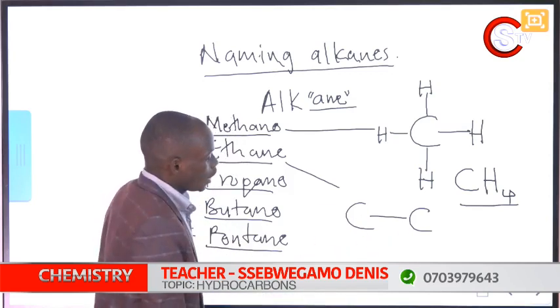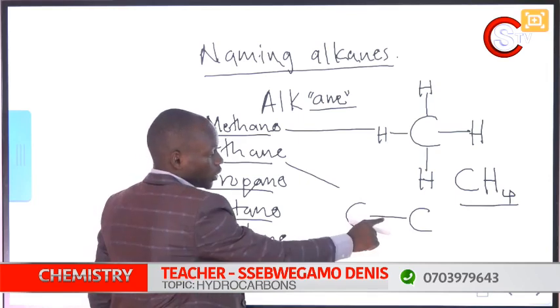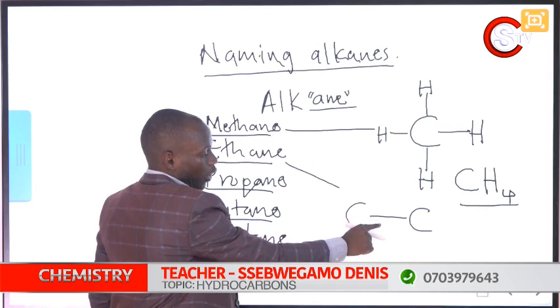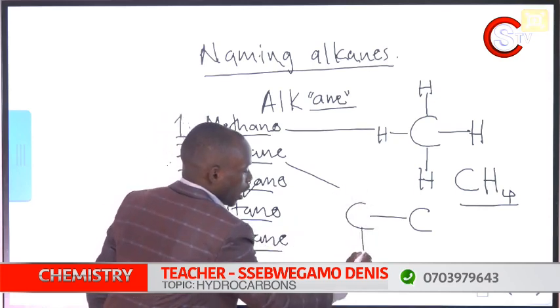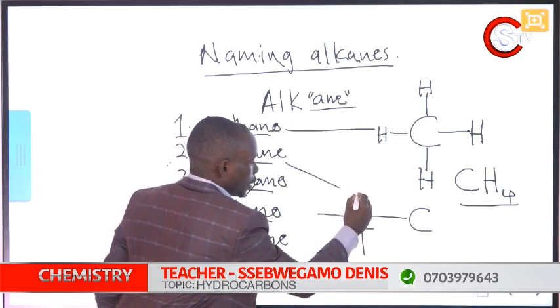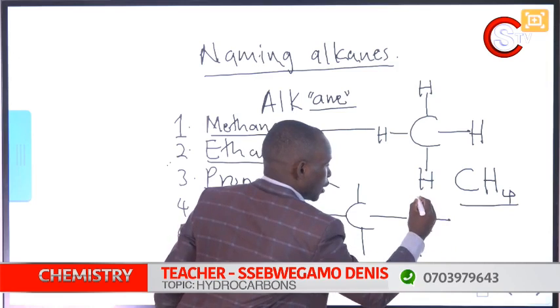So now, if I'm trying to put the number of bonds around each carbon atom, I start with 1. Now everyone can see that it is missing only 3 bonds. 1, 2, 3. Even this one, 1, 2, and 3.